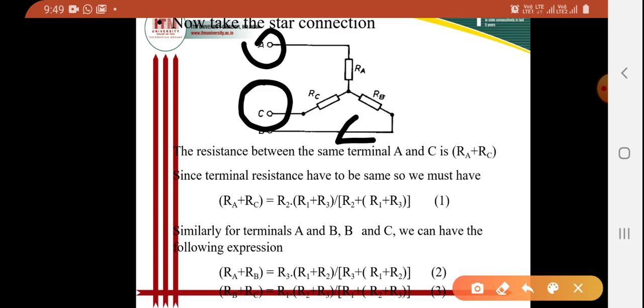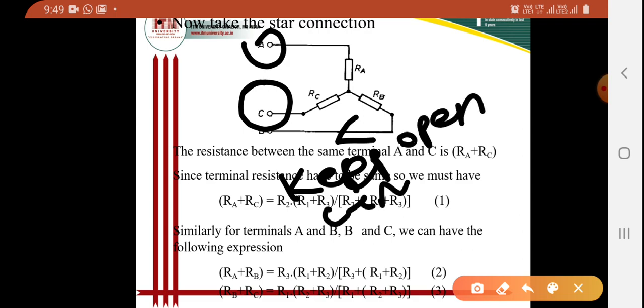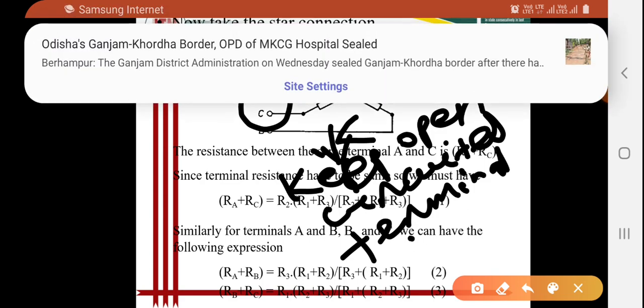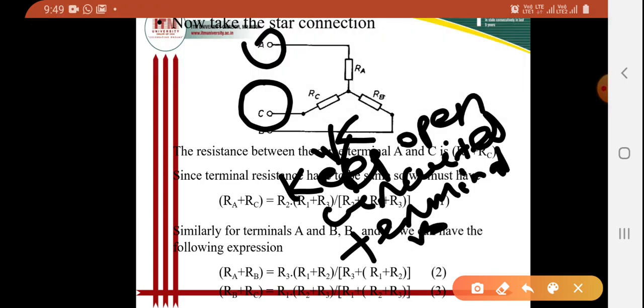We have to keep terminal B open circuited when calculating the equivalent resistance between terminals A and C. So what will be the equivalent resistance now?